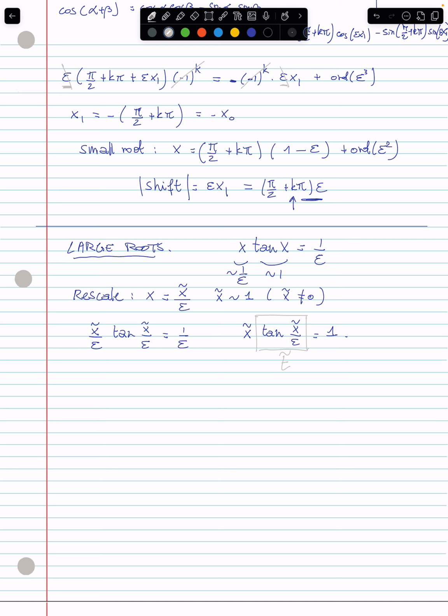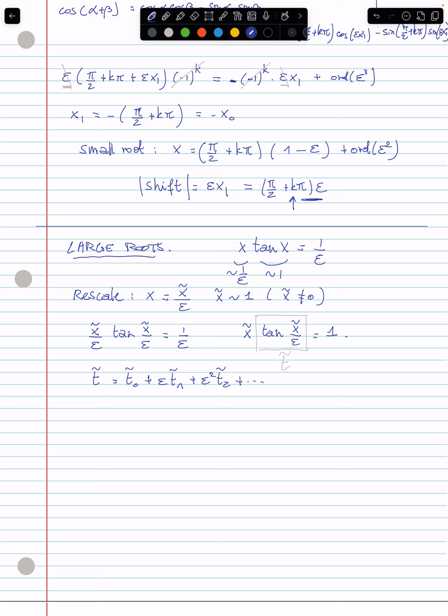And instead of seeking just one sequence and solving the problem just for x, I will consider that there are two sequences. So I'm going to write that t tilde is t0 plus epsilon t1 tilde plus epsilon square t2 tilde, and so on.